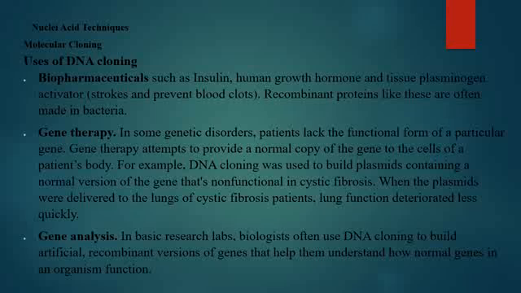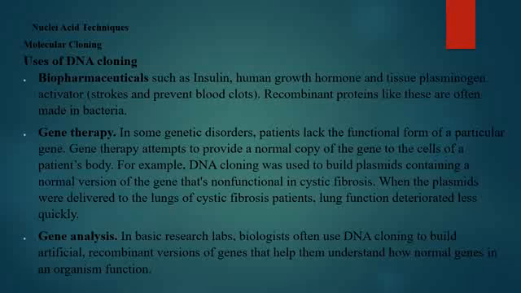When the plasmids were delivered to the lungs of cystic fibrosis patients, lung function deteriorated less quickly. In cystic fibrosis, fluids are filling the lungs, but once you introduce the normal gene into the lungs, they deteriorate less, and then the cystic fibrosis becomes lesser. So that's a direct gene therapy.